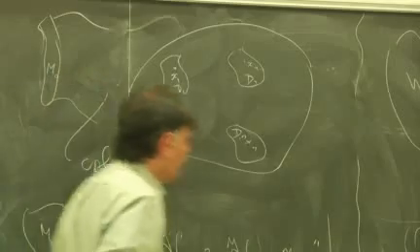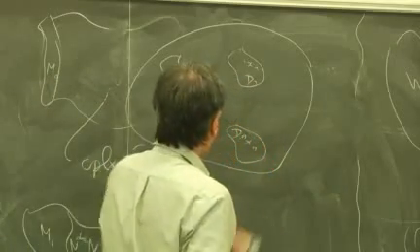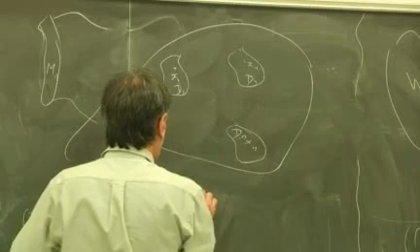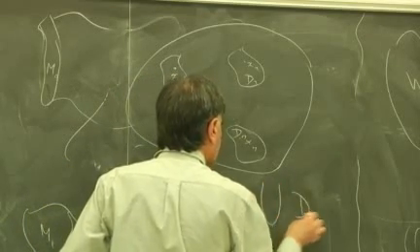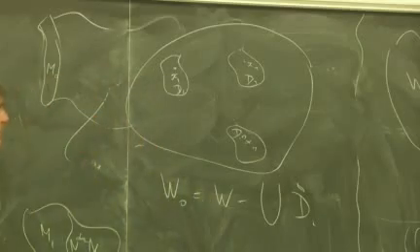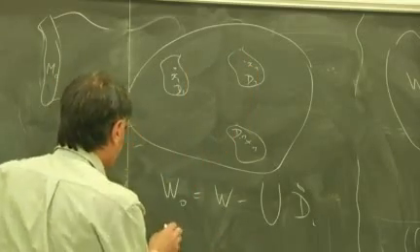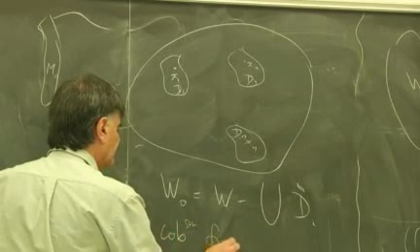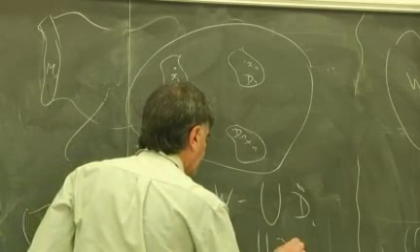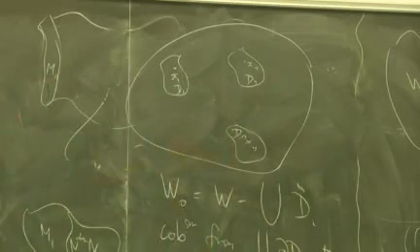Well, supposing W naught is W minus the union of the interiors of these disks. So we just take out all of those things. That's a cobordism from the disjoint union of the boundary of the DIs to the empty set, if W is a closed manifold.